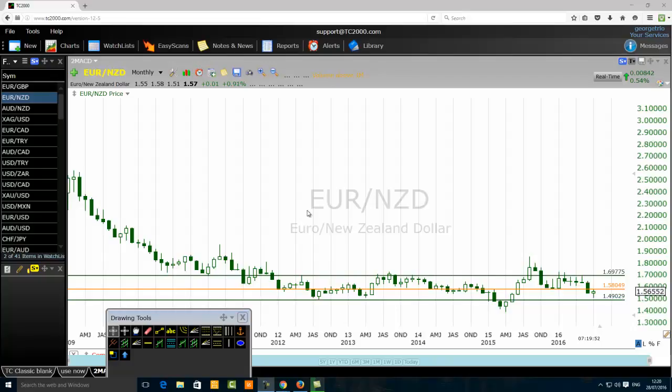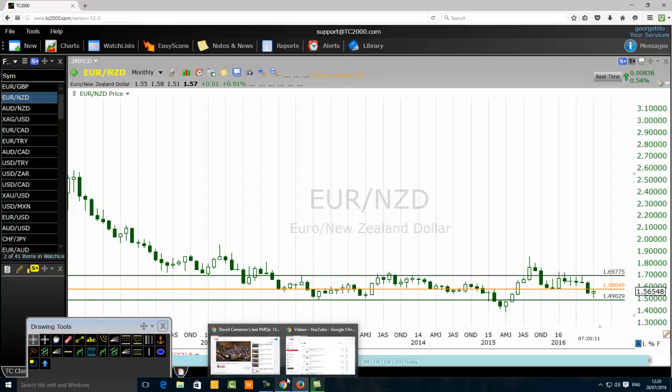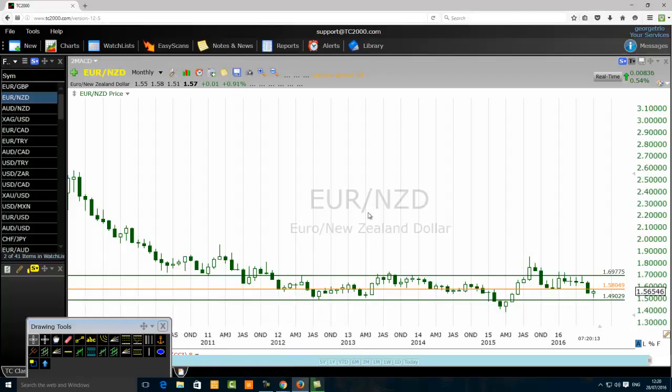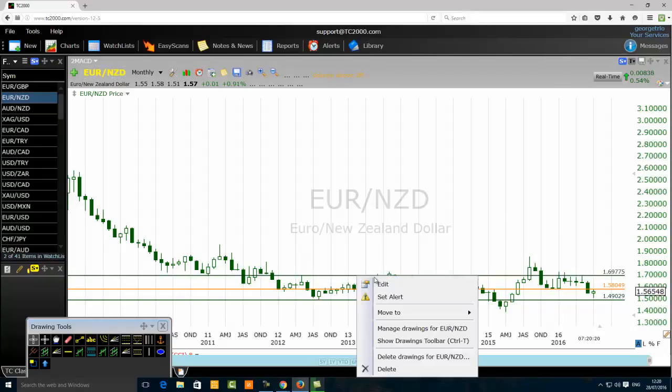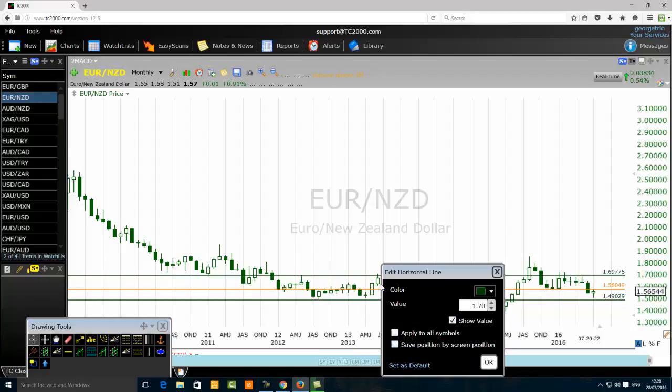We are on a monthly chart of the Euro New Zealand dollar currency pair. Since the end of 2012, we have noticed that the Euro New Zealand dollar was consolidating between the level of 16977.